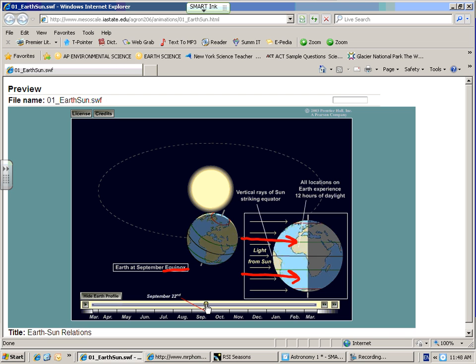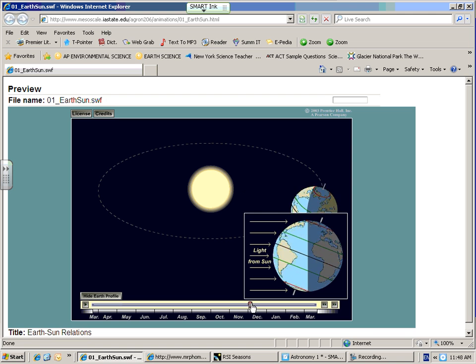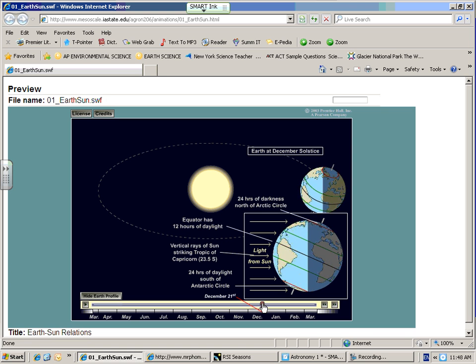If we move on to 3 months from now, we're going to be into December. And when we go into December, you're going to notice something a little different. Now, we're still tilted 23.5 degrees off of vertical, off of the zero. But in this case, now we're on the other side of the sun. And now who's getting more direct sunlight?